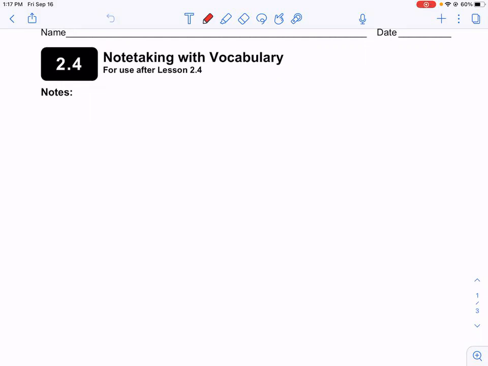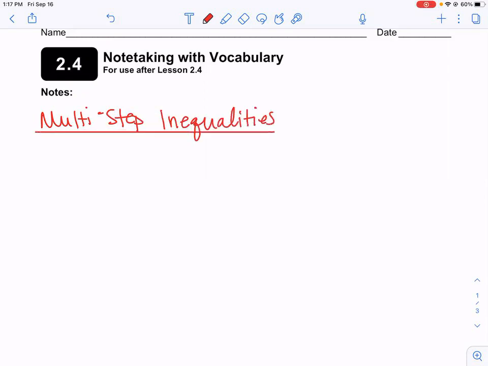Okay. Let's talk about what our order was for when we had multi-step equations. And we'll adjust them for our multi-step inequalities. Okay, our first step was to do a certain operation that started with a D. Not division. Distribute.